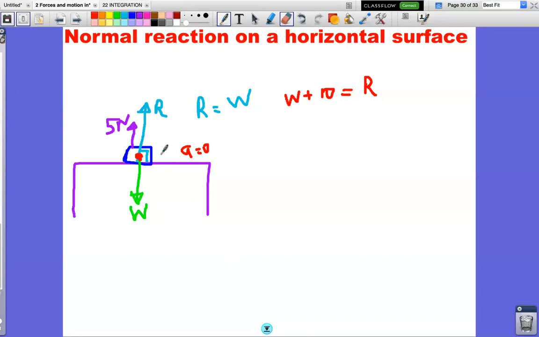In this case, we still use Newton's second law. The sum of forces upward should be equal to the sum of forces downward. So 5 plus normal reaction should be equal to weight. That will give you normal reaction to be weight minus the force that you try to lift up the book with. So you guys should understand how to analyze these situations.